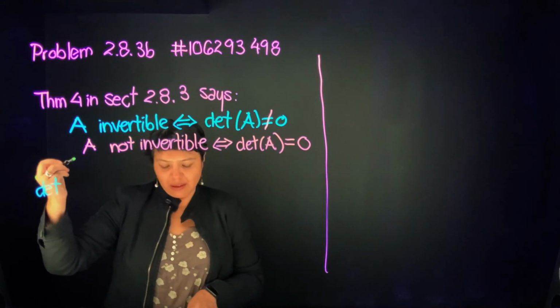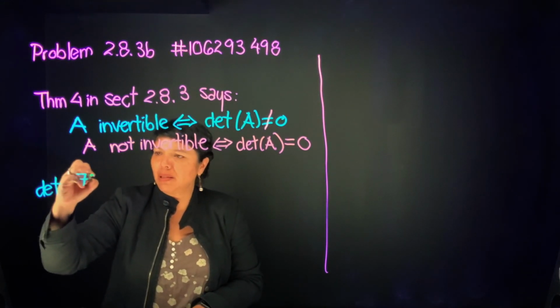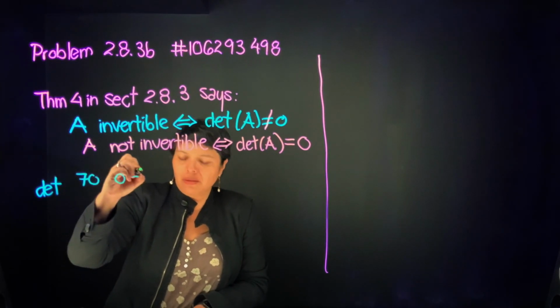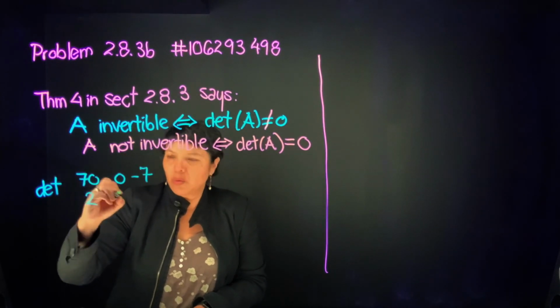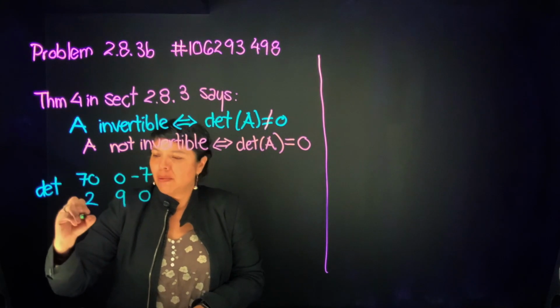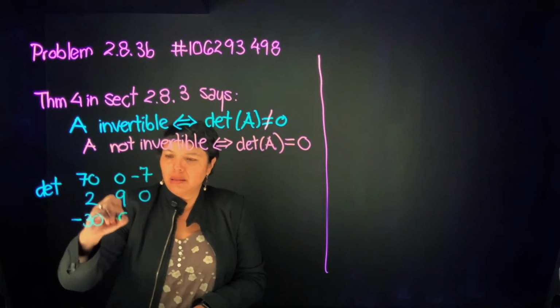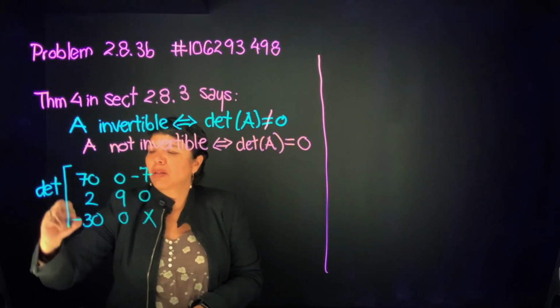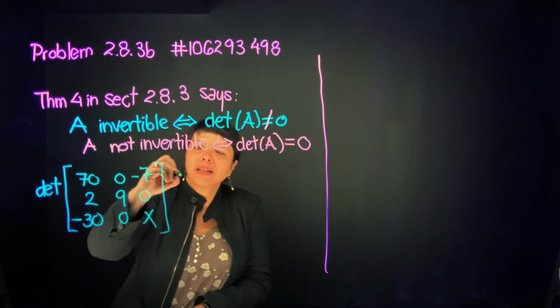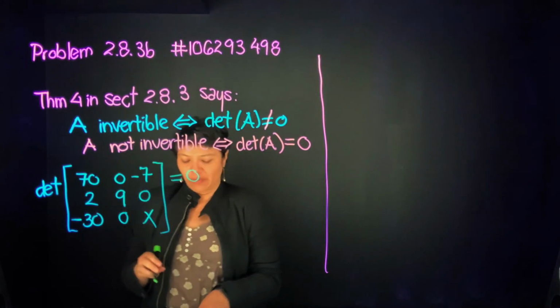And let me copy here A. So that's 70, 0, negative 7, 2, 9, 0, minus 30, 0, and x. So I compute this determinant, and I'm going to set it equal to 0.